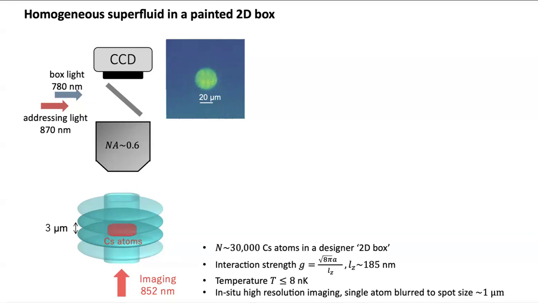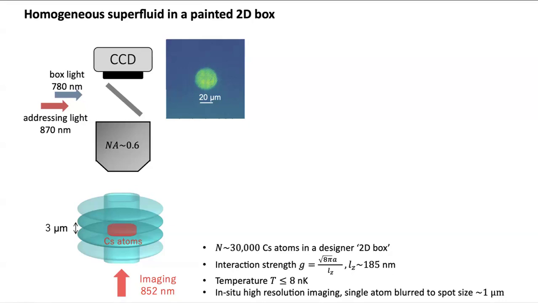Because of the very tight confinement coming from what we call the optical lattice, the atomic motion along this vertical direction is frozen to the ground state. Any perturbations appearing in the gas will appear in the 2D gas.